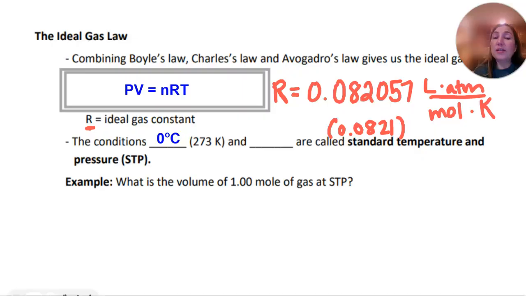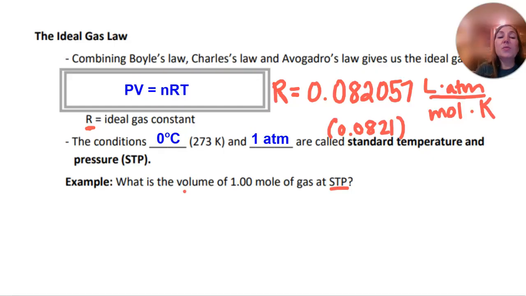The conditions of 0 degrees Celsius, which is 273 Kelvin, and 1 atm are called standard temperature and pressure, STP. So when we say this problem is at STP, we mean that standard temperature of 0 degrees Celsius or 273 Kelvin and that standard pressure of 1 atm.